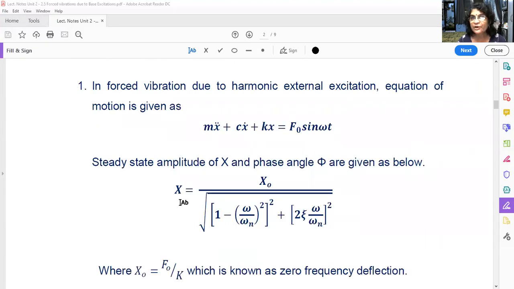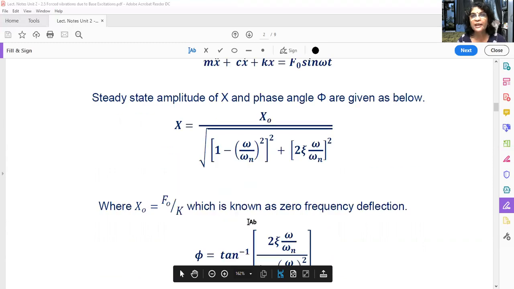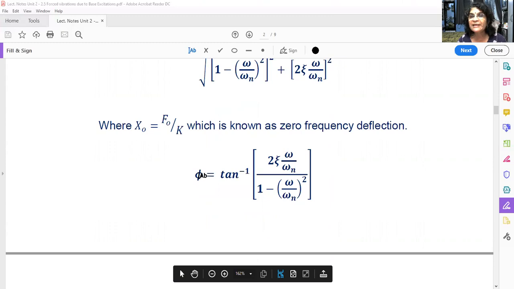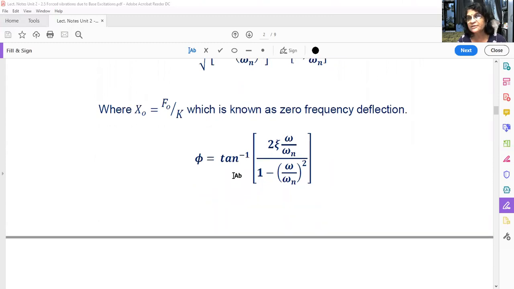Capital X is equal to Xo, which is the zero frequency deflection, upon the square root of (1 minus (omega upon omega n) square) whole square, plus (2 zeta omega upon omega n) square. Then the phase angle was given by phi is equal to tan inverse of 2 zeta omega upon omega n upon 1 minus (omega upon omega n) square.